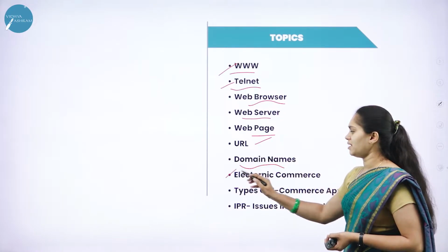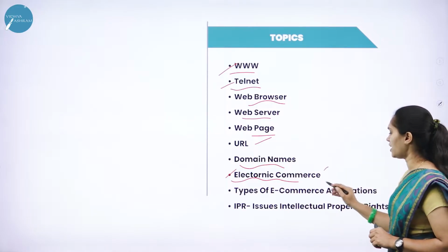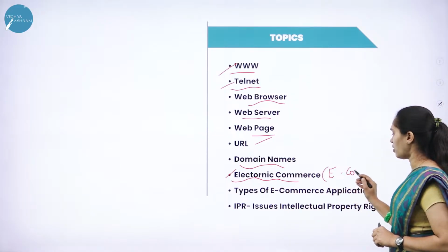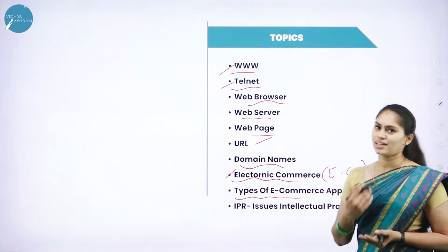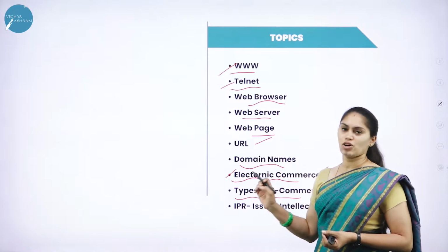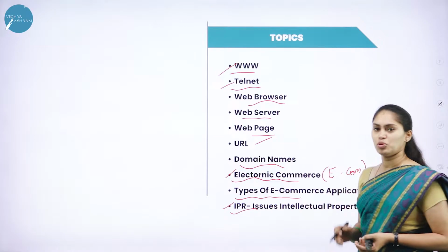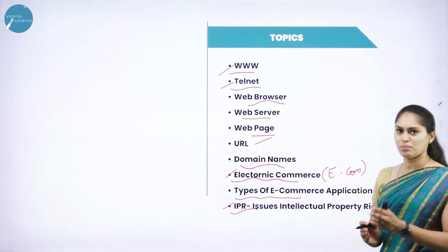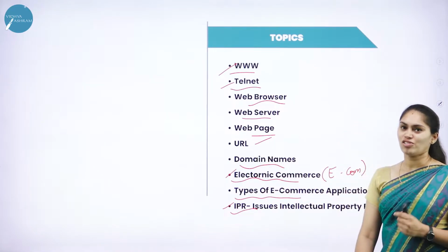And also we will be learning a main concept called electronic commerce, in short e-commerce, and the types of e-commerce, the advantages I can get with e-commerce, the applications we have, and also we will be discussing IPR, that is Intellectual Property Rights in India. So these will be the content of today's session.